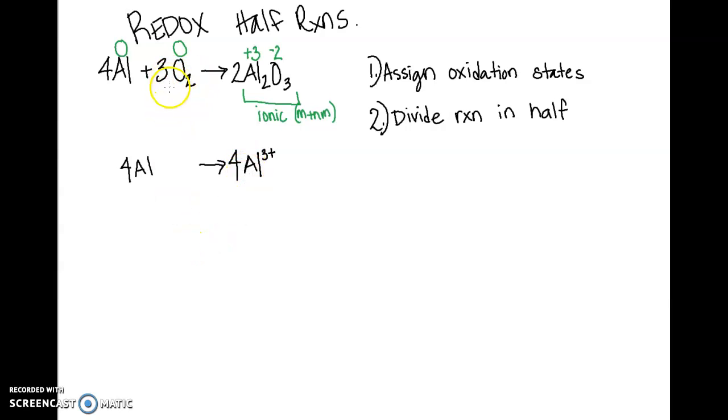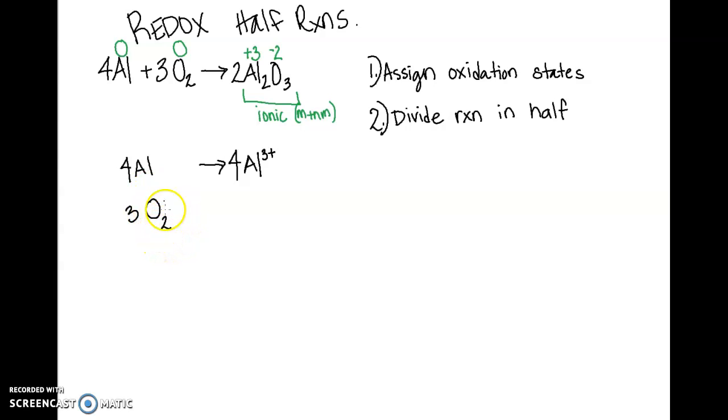Now, what happened to my oxygen? I'm going to do the same thing. I'm dividing my reaction in half. I do 3 oxygen molecules. Now, you might be confused as to why I didn't move that in front. Well, that's because these 2 oxygens are covalently bonded together. So now, if you made this 6 oxygen atoms, that would be okay.